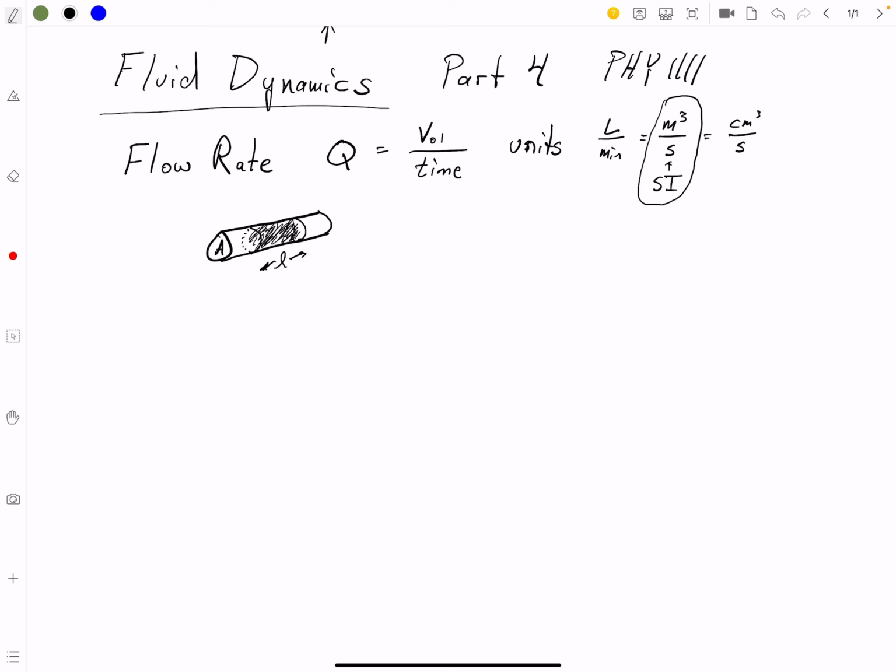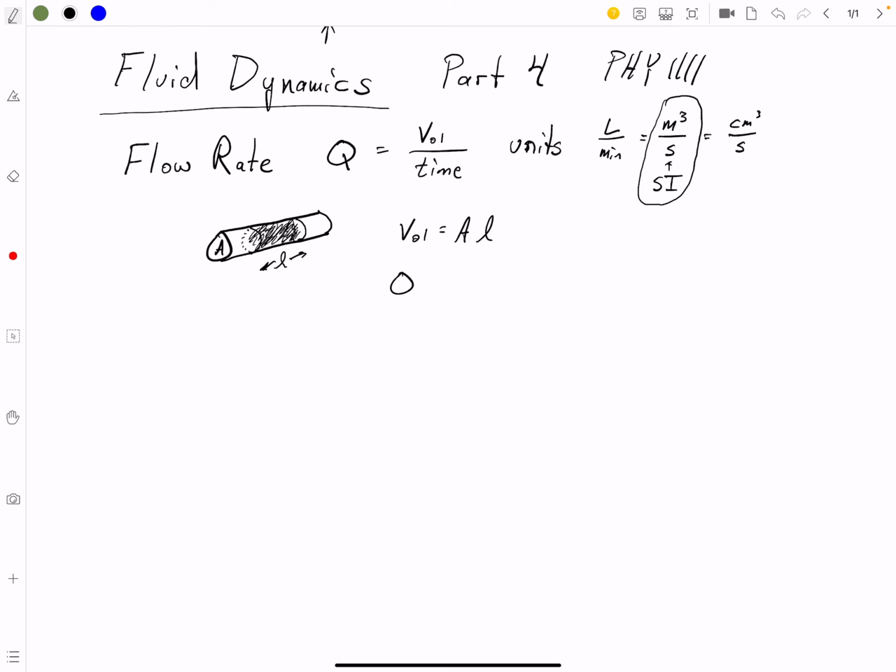Okay, so there's our stuff in there. And what are we going to do? We're going to say volume equals our area times the length. All right. And now it's simple.